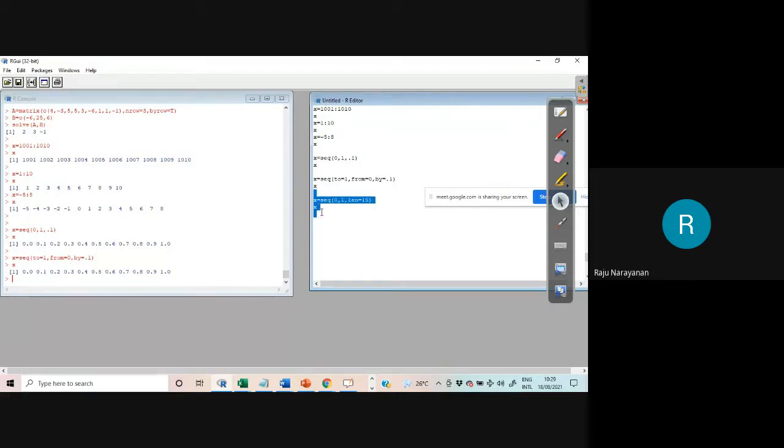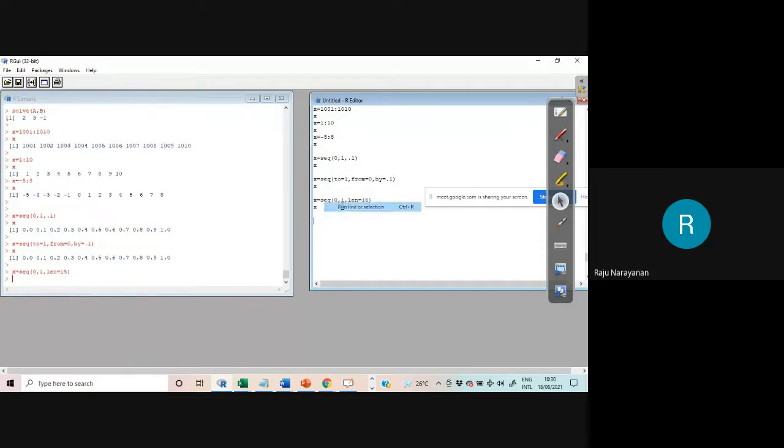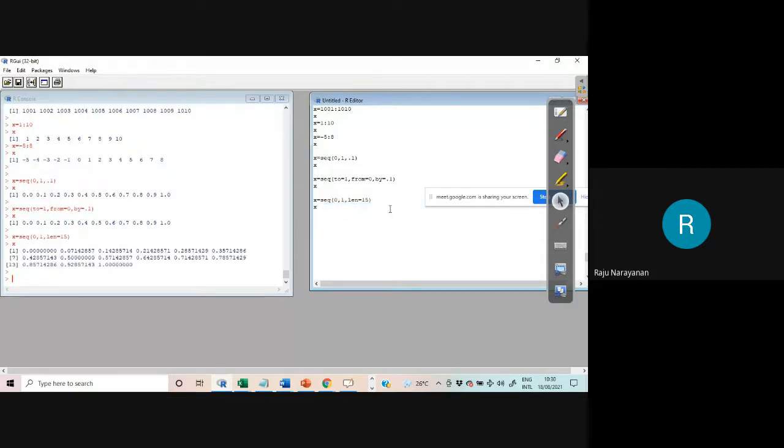Yeah, it is working. So it is creating 15 elements between 0 and 1, all at equal distance, starting from 0 and ending with 1. You may need it sometimes to do some numerical work.